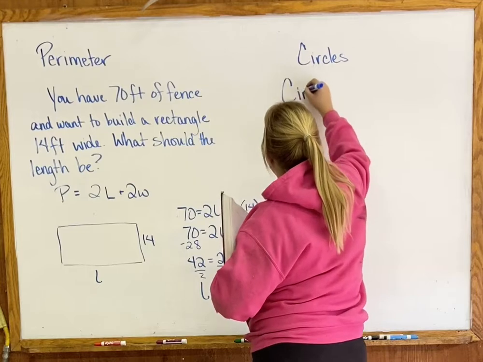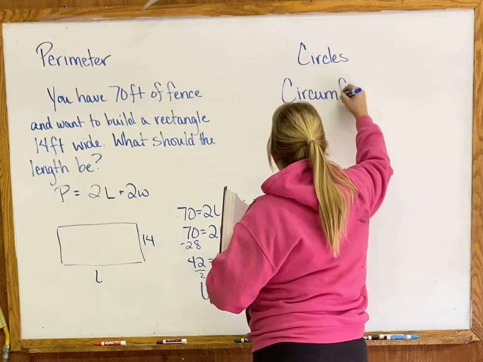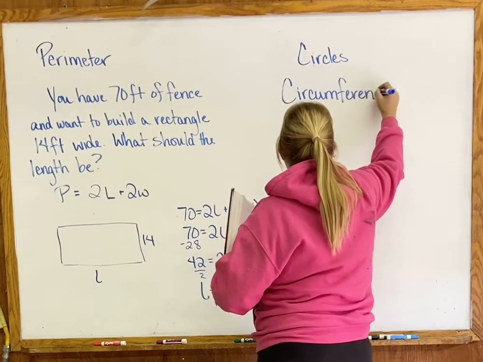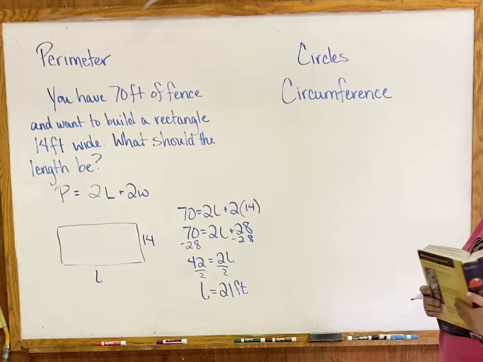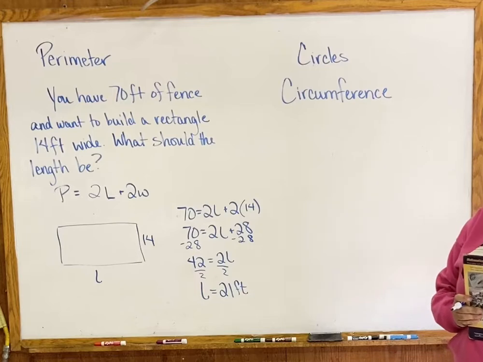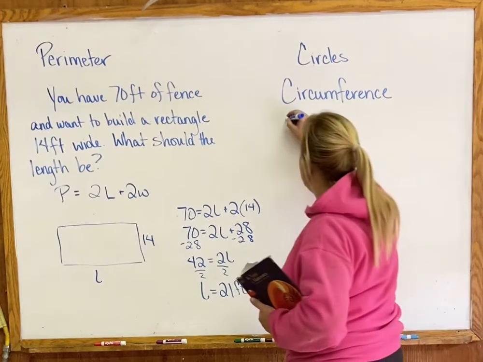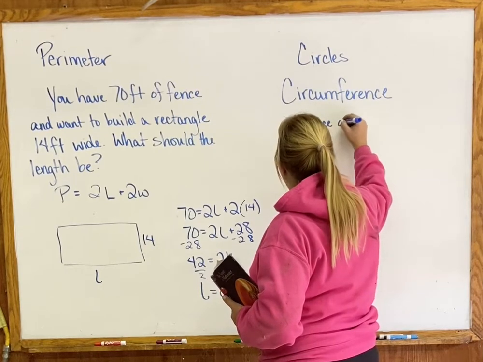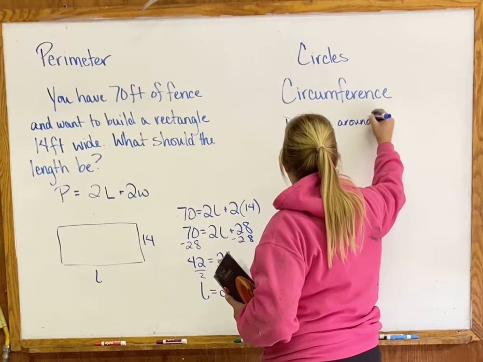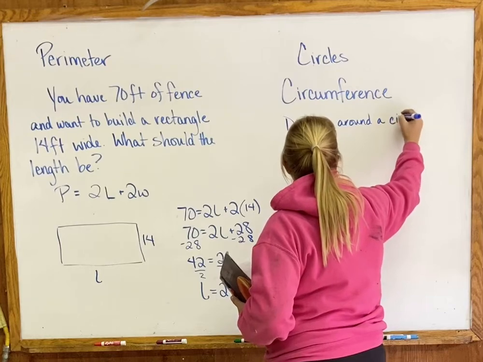And in circles, you could say to find the perimeter of the circle, but the word that is used is the circumference. So the circumference means the distance around a circle.